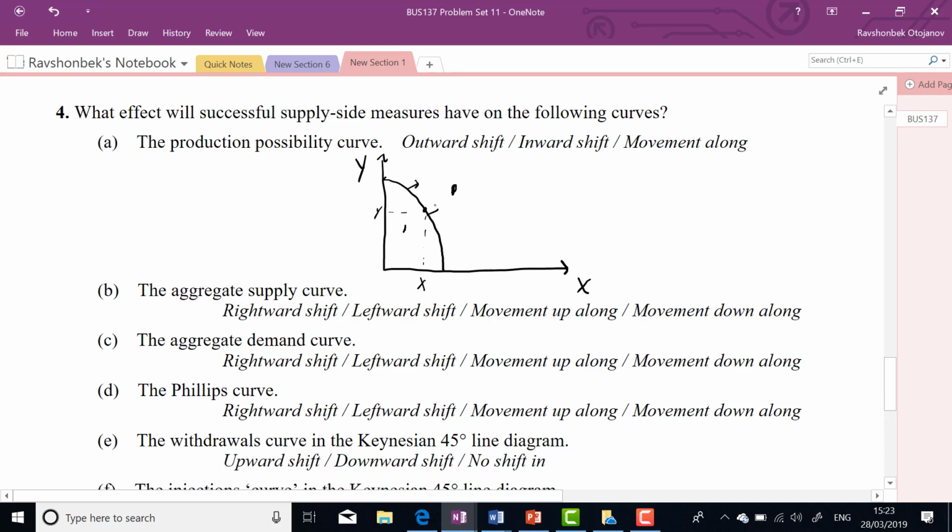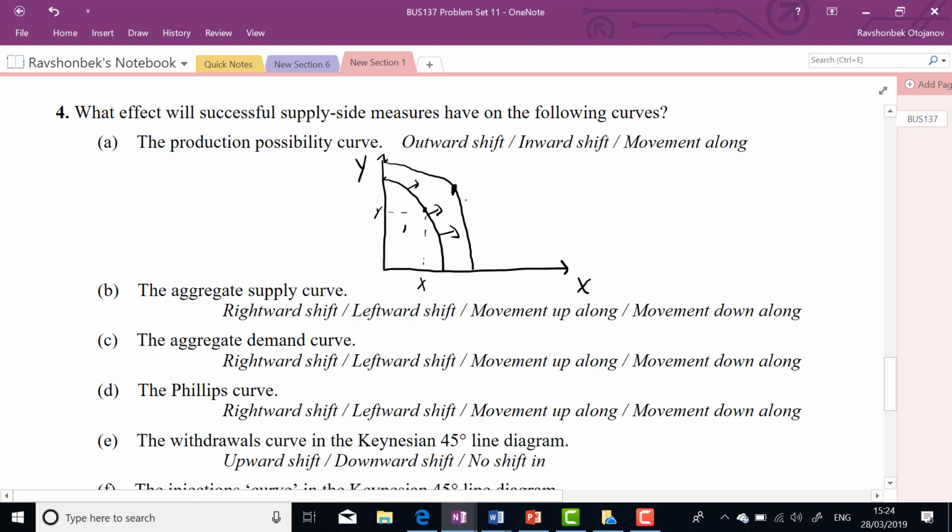Then an outward shift will happen, and if successful, the new production possibilities curve will cover that point too. So this could be government investment, more investment into education, tax cuts, all other bits that are much more fiscal in nature. These can shift the production possibilities curve. They can produce more now, their capacity increased.